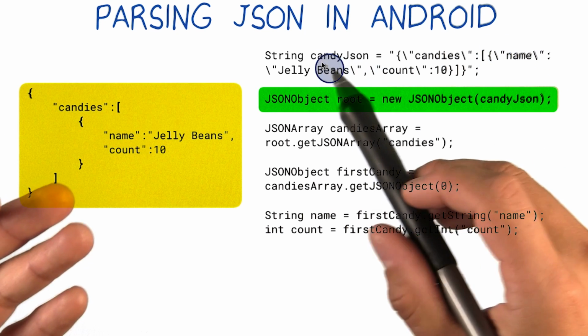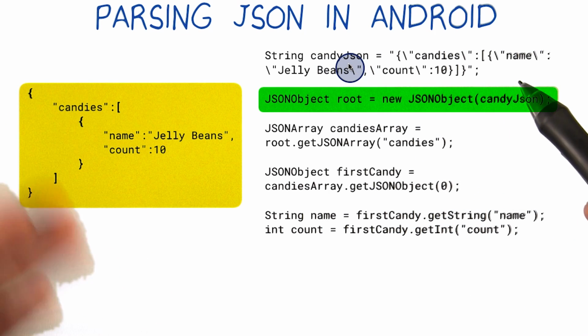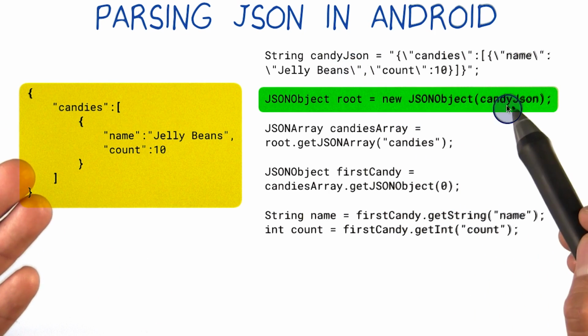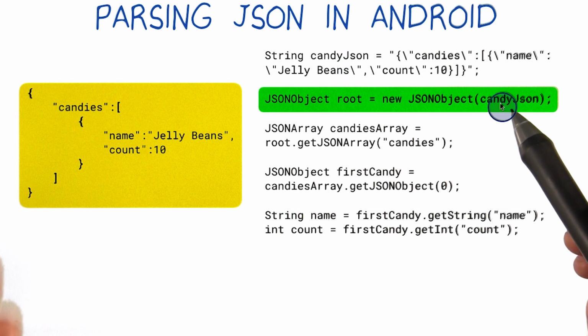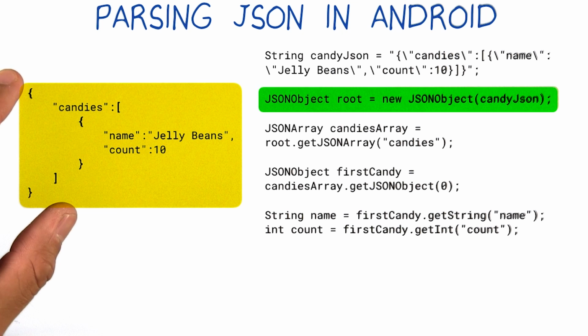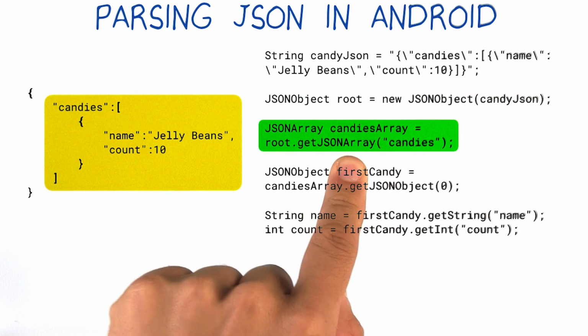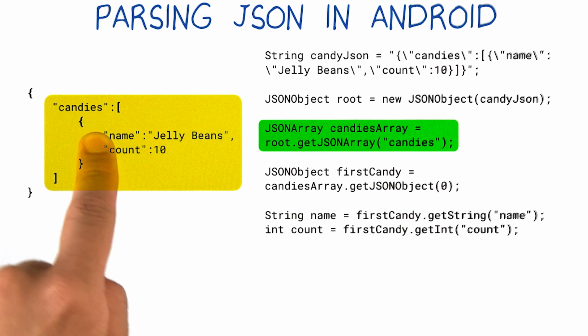Now we can turn this candy JSON string variable into a live JSONObject by passing the string into the JSONObject constructor. Now this JSONObject has done all the work of parsing the JSON string for us. It now knows what keys it contains and all sorts of useful methods. For instance, on this root object, let's call getJSONArray to find the array nested within the root object with the candies key.